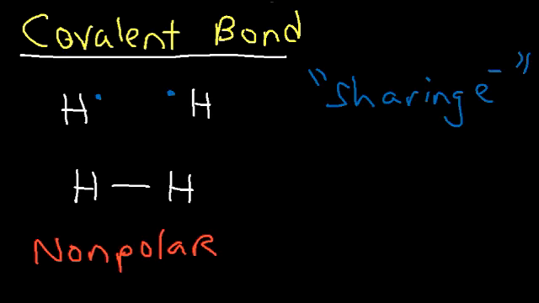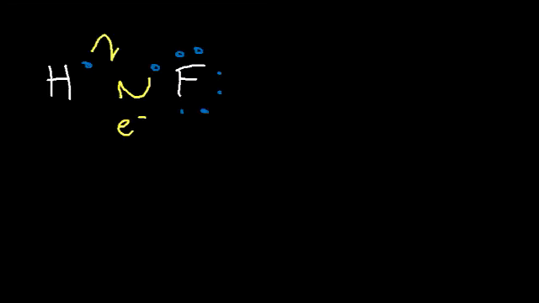So if that's a nonpolar covalent bond, what is a polar covalent bond? Let's consider the interaction between hydrogen and fluorine. Now fluorine has 7 valence electrons and hydrogen has 1. Fluorine is going to donate 1 electron to form a bond, and hydrogen is going to donate 1 electron. So when you draw the molecule HF, it looks like this.